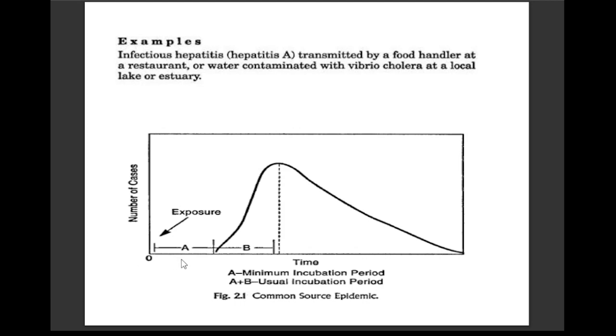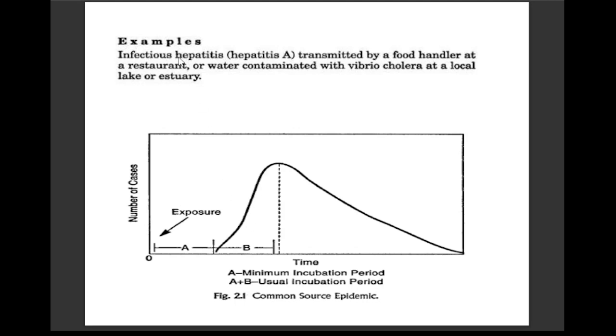Here we can see there is no immediate rise in the number of cases. A has carried that infection along and passed it on to other individuals. So B, this group of people, caught that infection and the number of cases rose significantly.